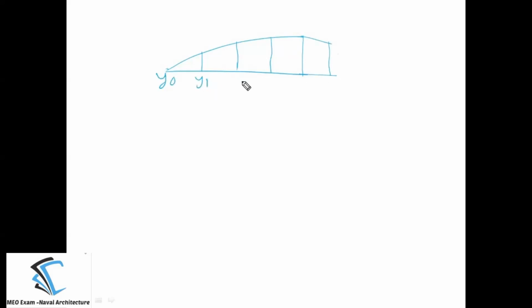So the area becomes like this. You can take up to y4 only. For each area, I am going to write the trapezoidal multiplier below each ordinate. So it will be 1, 2, 1.